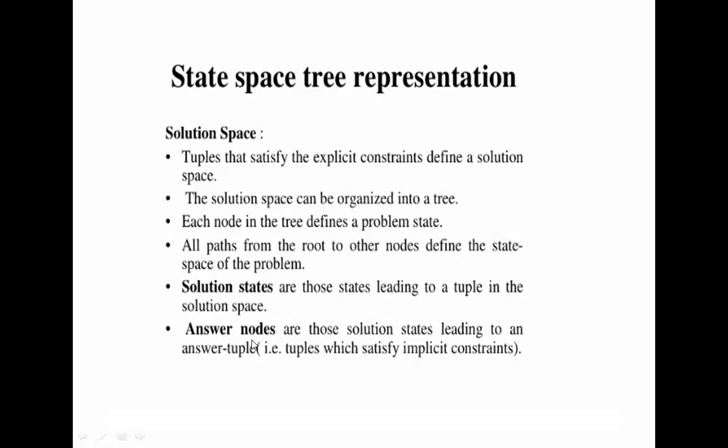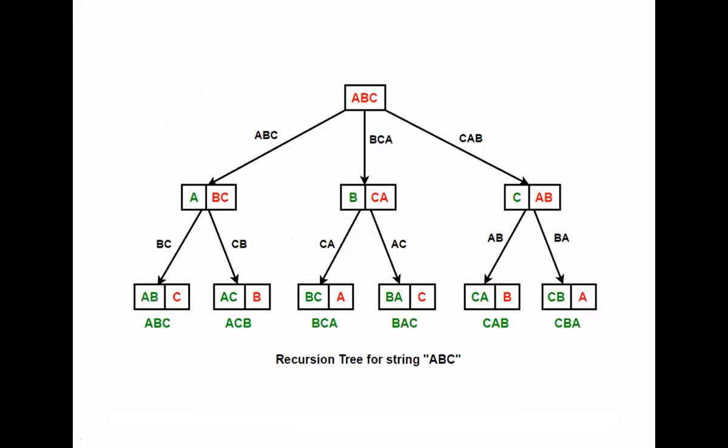Then answer nodes are the solution states which satisfy the implicit constraint. So in this example, this is a solution state, but it does not follow the implicit constraint, so it is not an answer node. This is the answer node.